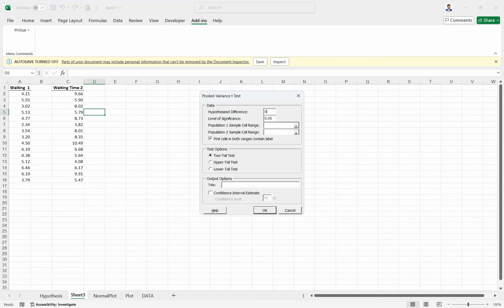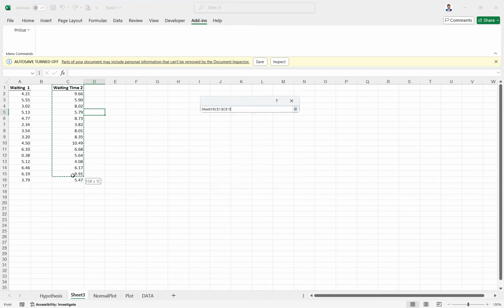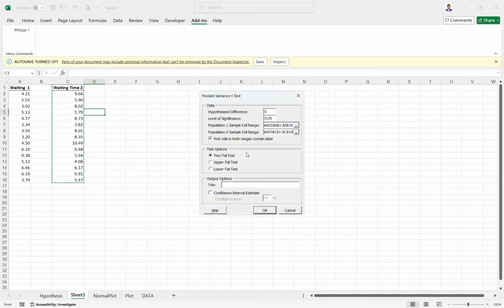Now with the data, what is my hypothesized difference? The difference is 0. What is my population 1 sample cell range? This one. What is sample 2? This one. Now is it two tail, upper tail, lower tail? First cell contains label, that is ticked.